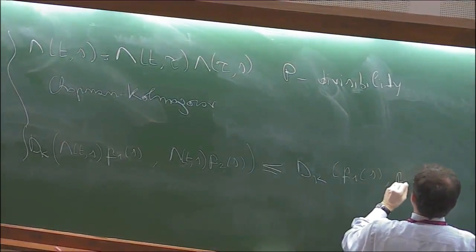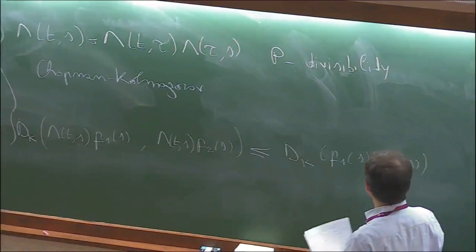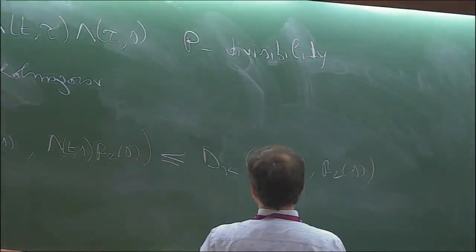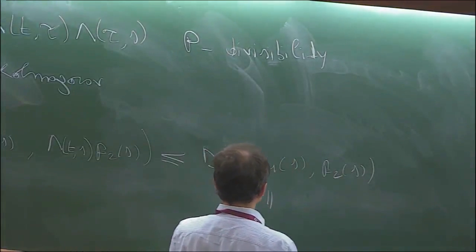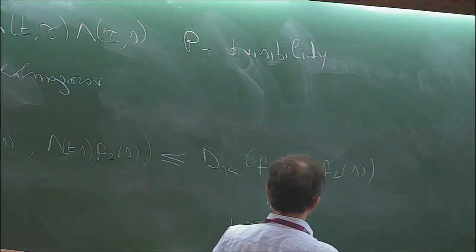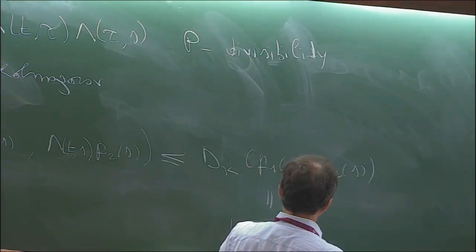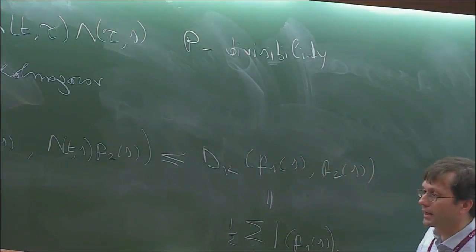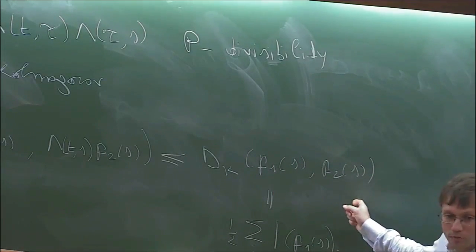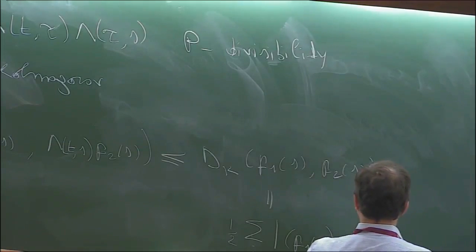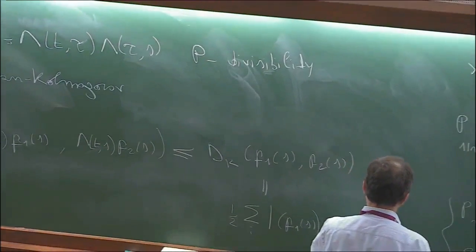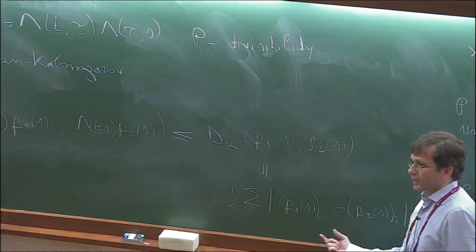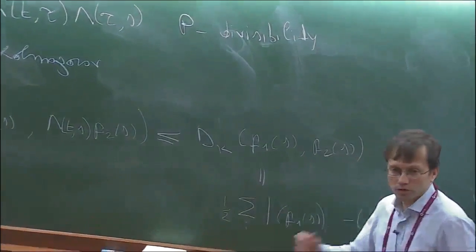So the initial distance between probability vectors is defined as 1/2 the sum over i of the modulus of the difference. The idea is this is a vector: I take the i-th component minus the i-th component of the other vector, component by component, take the difference and the modulus, and sum over all of these.